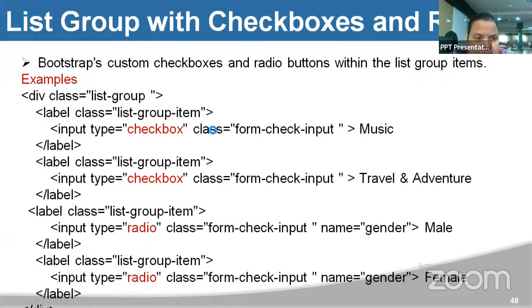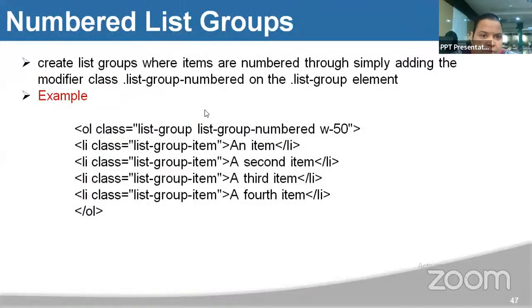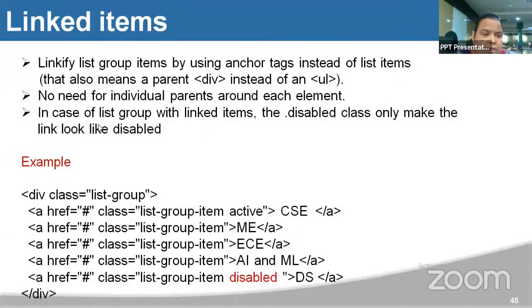I will show you in a direct example. In case of a list group with link items, the disabled class only makes the link look disabled. Whenever the link is disabled, it should not go to the link. This is all for active or regular only.